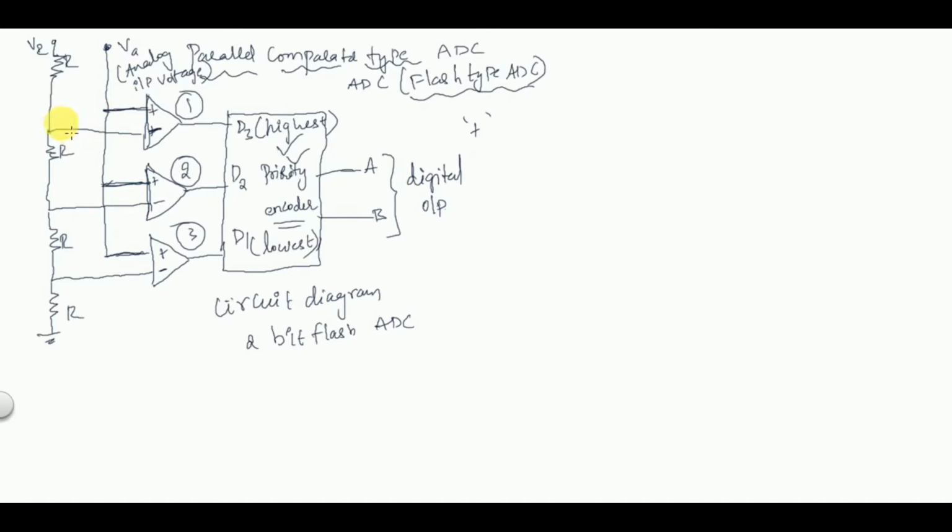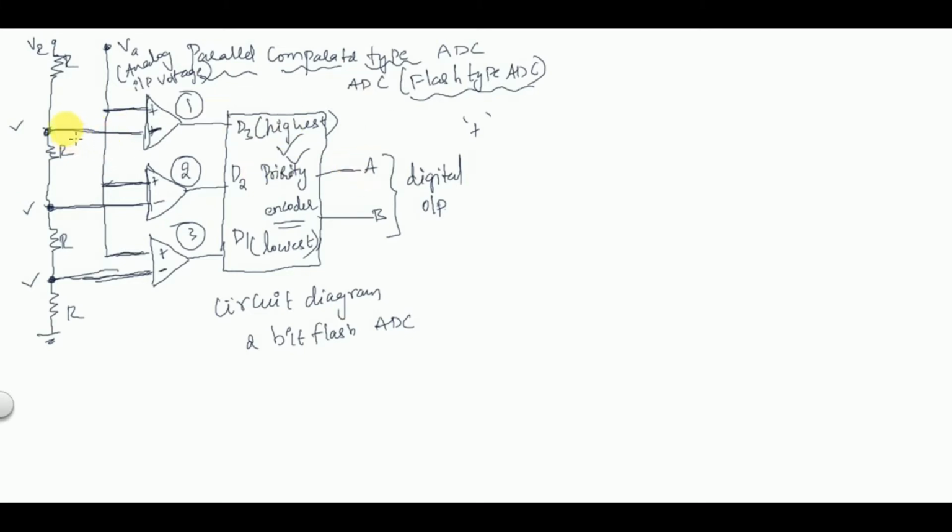Different resistors are taken, and voltage drops at different values are going to be taken across the inverting terminals of each and every comparator. So here the voltage is different, and here the voltage is different, and here the voltage is different. We'll find those voltages, don't worry.